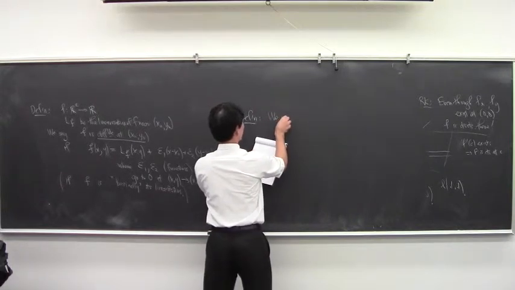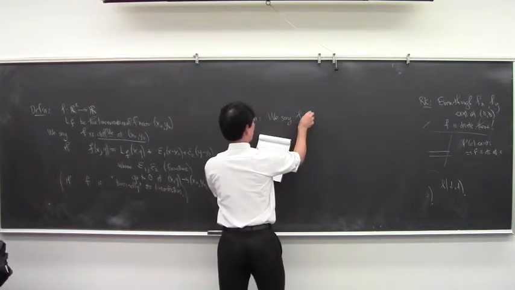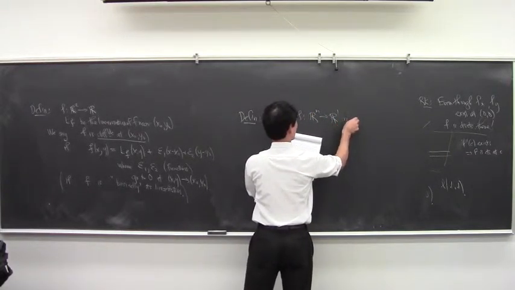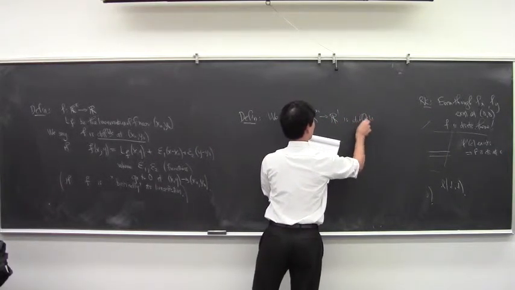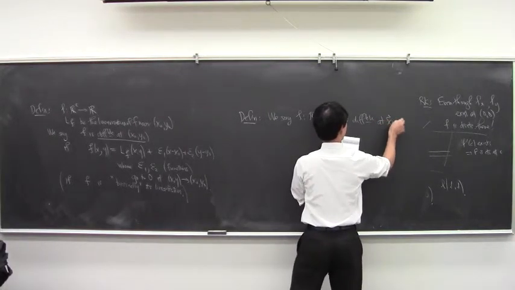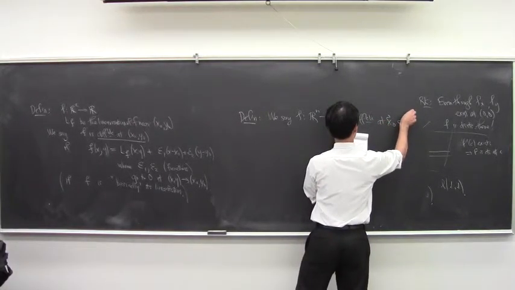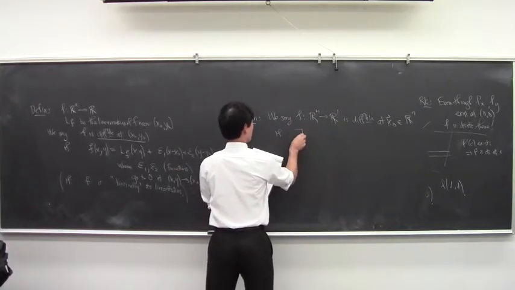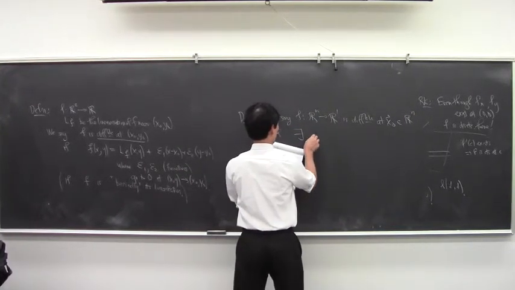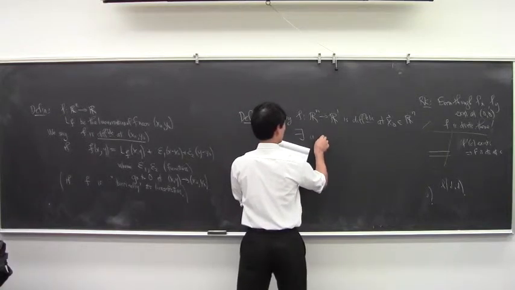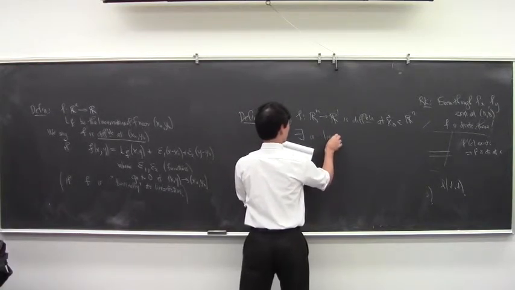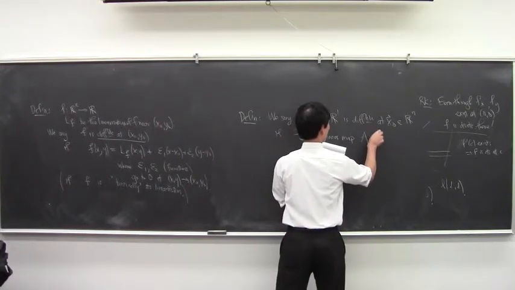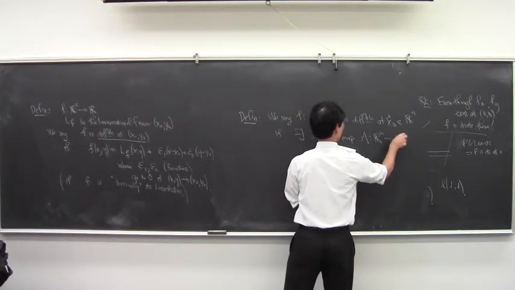We say f from R^n into R^1 is differentiable at x naught if there exists a linear map A going from R^n into R^1.